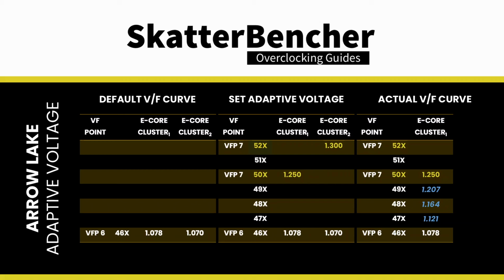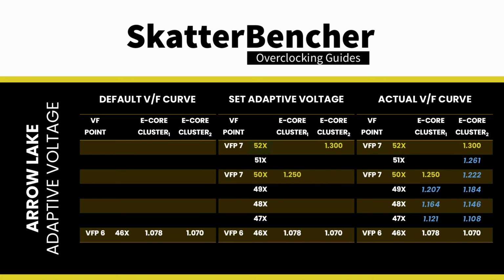The target voltage for E-core cluster 1 ratios between 46 and 50x is now interpolated between the factory fused E-core cluster 1 voltage for 46x and 1.25 volt for 50x. For E-core cluster 2, the ratios between 46x and 52x are interpolated between the factory fused E-core cluster 2 voltage for 46x and 1.3 volt for 52x.